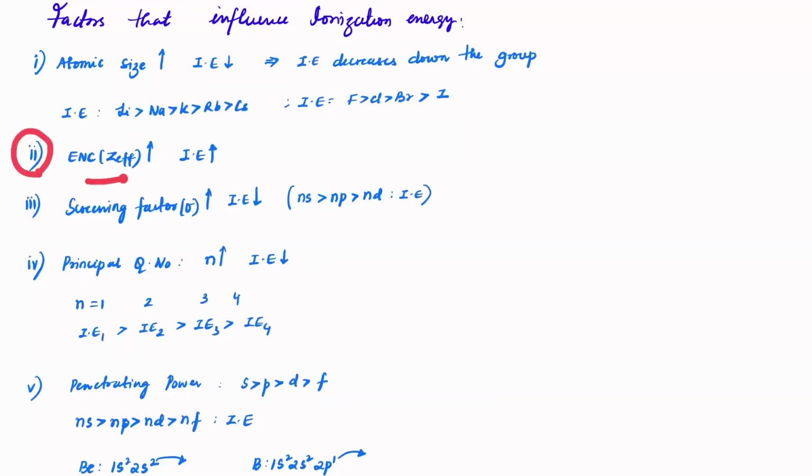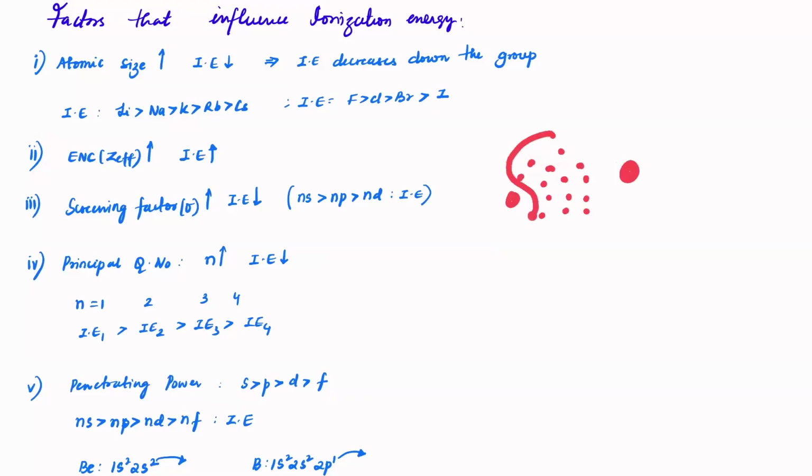Second factor is effective nuclear charge. If the effective nuclear charge is higher, it becomes difficult to remove the electron from the outermost shell. Screening factor relates to how much of the inner electrons are shielding the outermost electron.